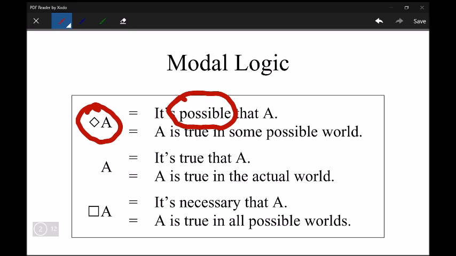An idea is logically possible if there's no contradiction in it being true. It may go against the laws of nature, but it's still logically possible if there's no contradiction in it being true. For example, suppose I say it's possible for me to run a mile in 2 minutes.